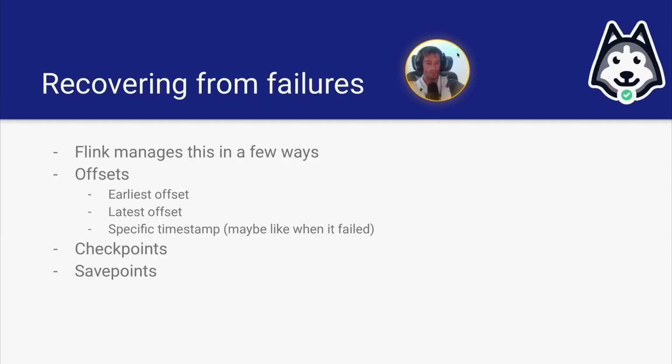You could think of it as more like a CSV file of, okay, we processed this data and we got this far. Because sometimes if Flink fails, we want other systems to be aware that this failed and this is where we got to. So savepoints are more used for other systems, whereas checkpoints are used for Flink itself.